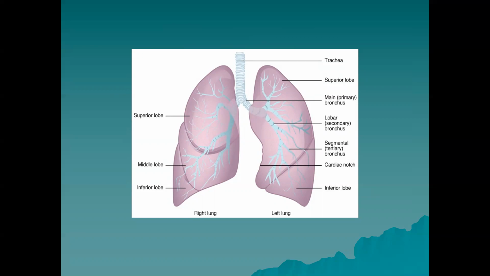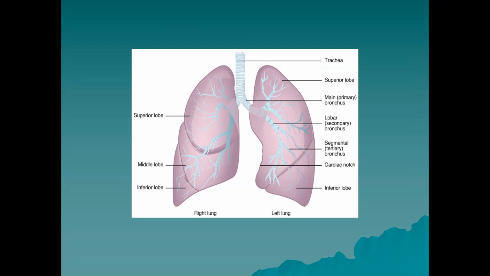The inside part of the lung, where the major bronchi go in, is called the mediastinal surface, because this is the mediastinum right here, facing the heart.